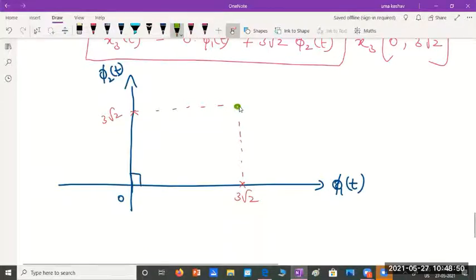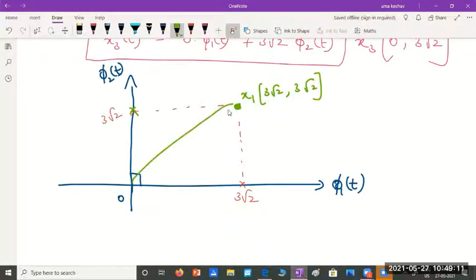This represents the signal point x1. Okay. So x1 has coordinates 3 root 2 comma 3 root 2. So I'm just finding both the values here and plotting the signal point x1. If you want, you can join it using a straight line if you want to find the length. If not, you can just mark the point and leave it.